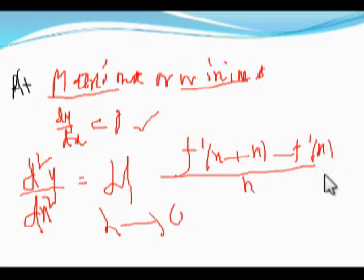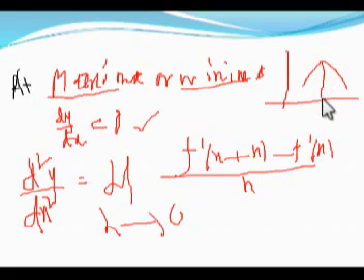So now we know that at the maxima or minima, f prime of x must be 0. So if it is 0, then what will the first derivative be in the neighborhood? Take this as the maximum. Here is a point where we are getting the maximum.